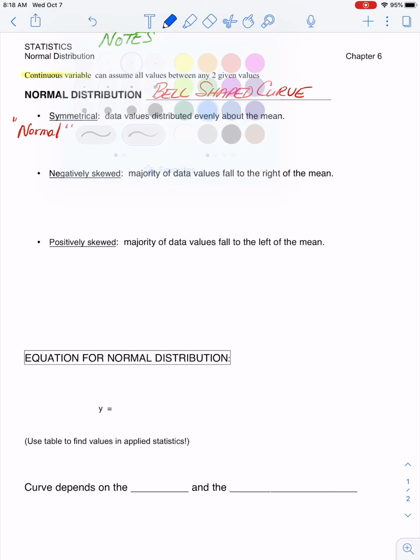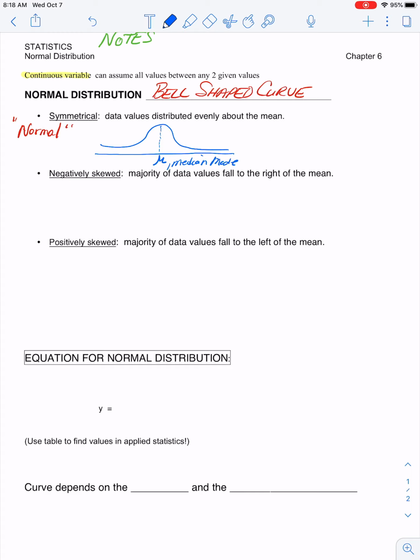So that's just your bell-shaped curve, as best as I can hand draw that. When you have a symmetrical curve, you're thinking that your population mean, median, mode are all going to line up here in the center. Your left side and right side kind of match up there.